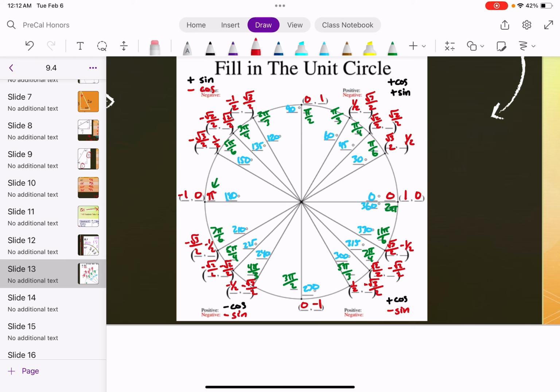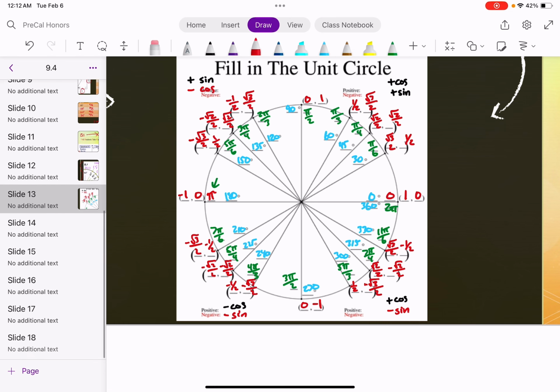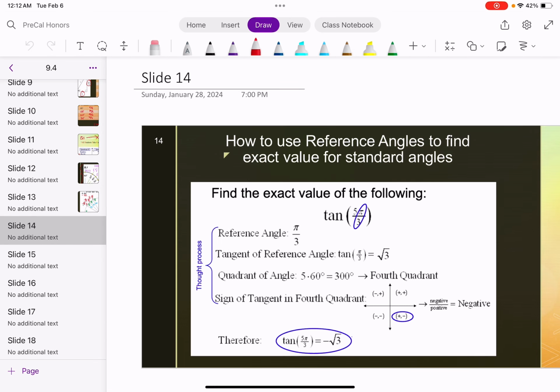Let's go ahead and take a look at our next slide. So, how to use the reference angles to find the exact value for a standard angle. To find the exact value of the following, we start off with our tangent of 5 pi over 3.